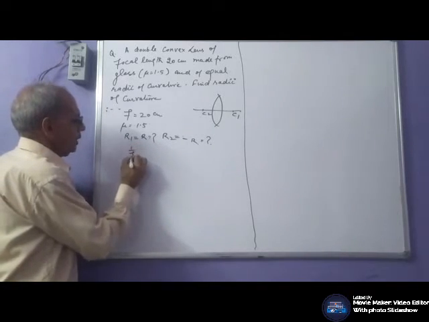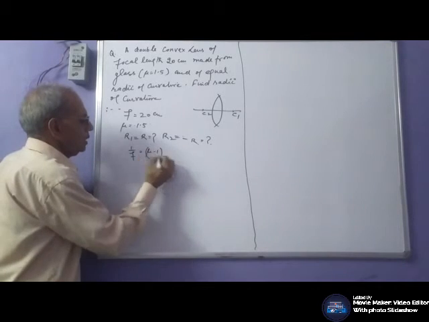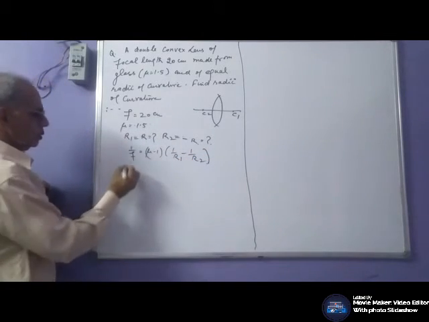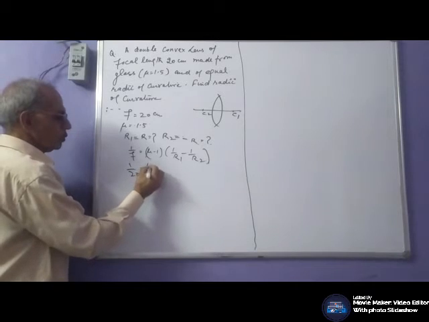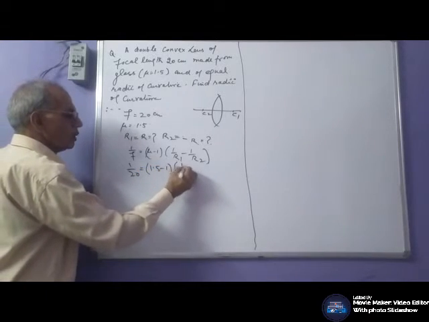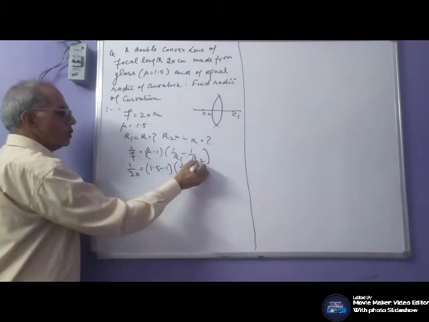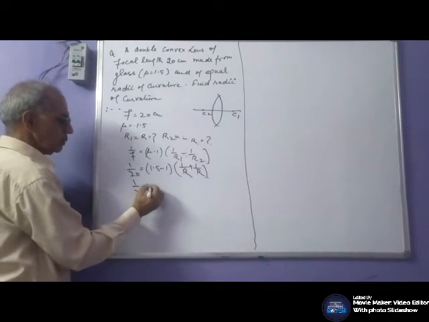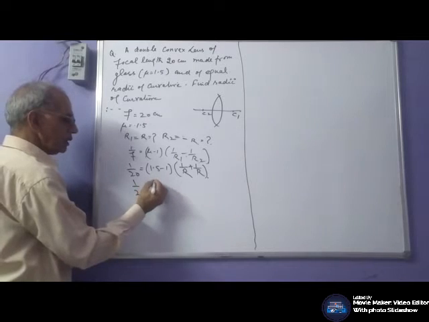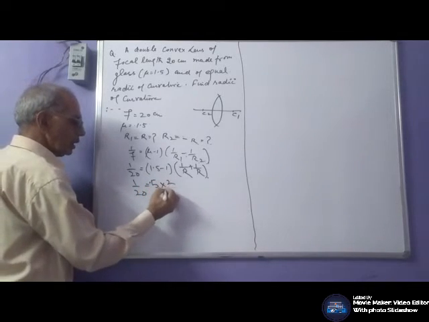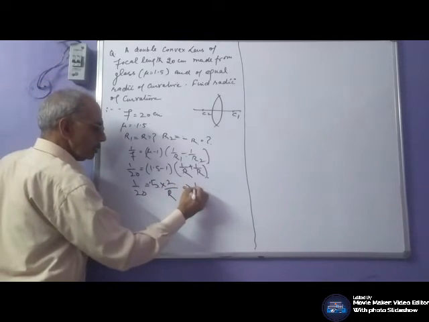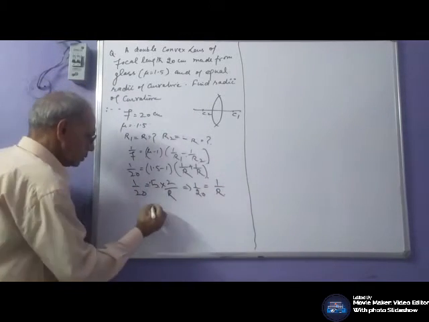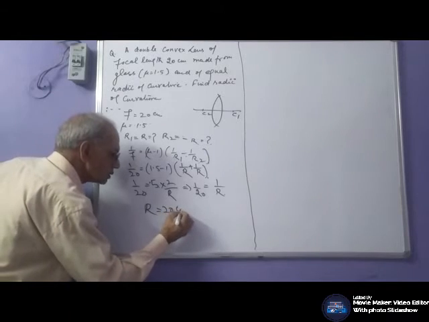So 1 by F equals (mu minus 1) times (1 by R1 minus 1 by R2), 1 by 20 equals (1.5 minus 1) times (1 by R minus (minus 1 by R)), so plus 1 by R. It is 1 by 20 equals 0.5 into 2 by R. It is 1 by 20 equals 1 by R. This means R is 20 centimeter.